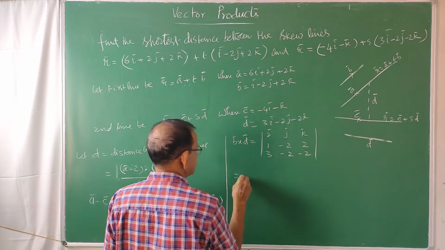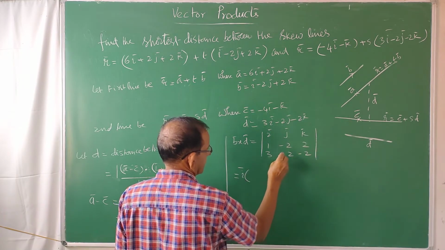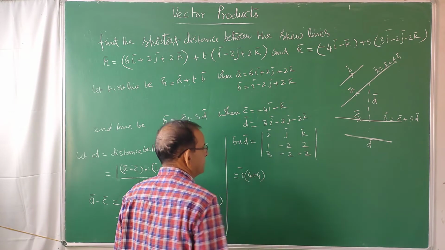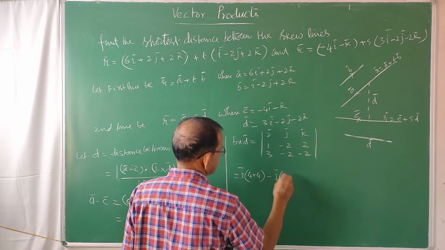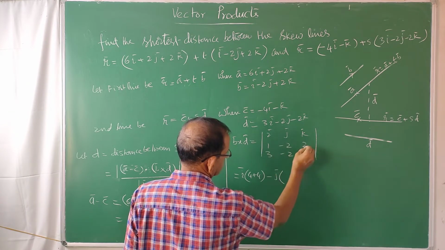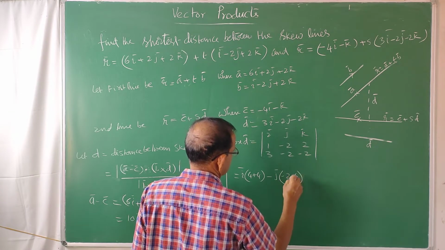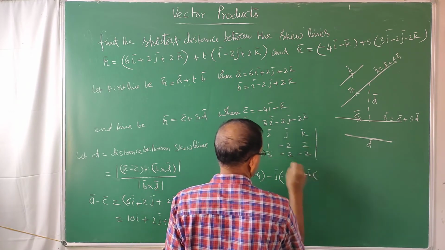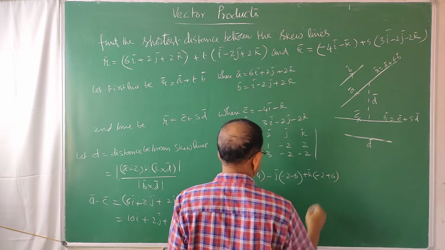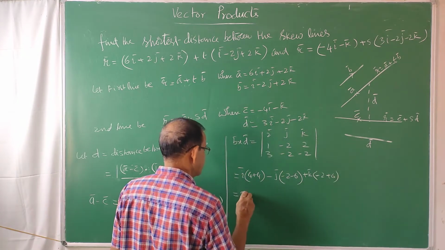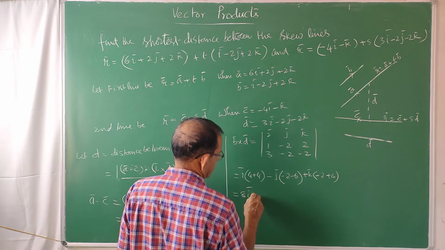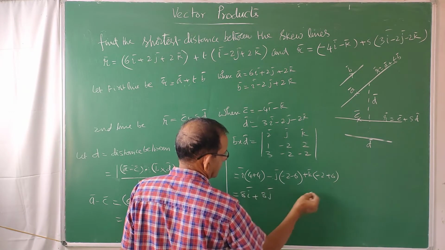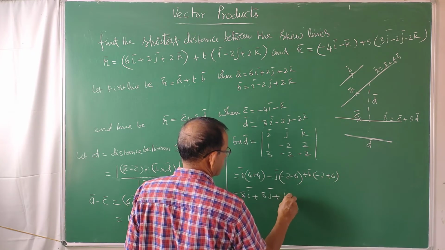Now expand: i bar into 4 minus minus 4, 4 plus 4; minus j bar into minus 2 minus 6; plus k bar into minus 2 plus 6. So this is 8 i bar plus 8 j bar plus 4 k bar.